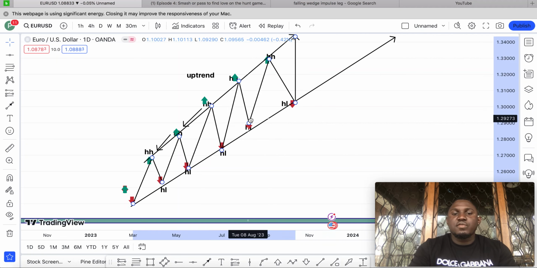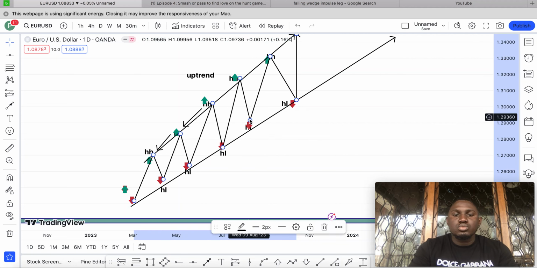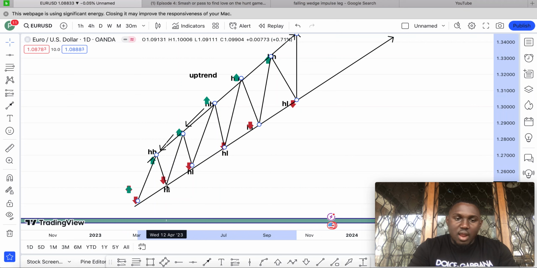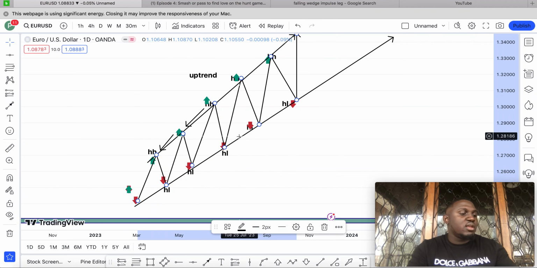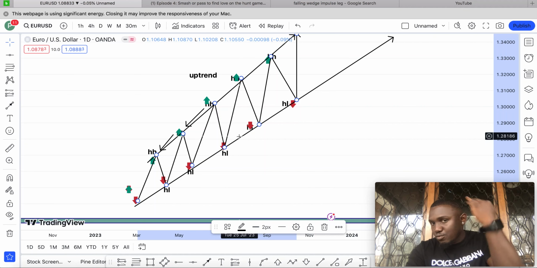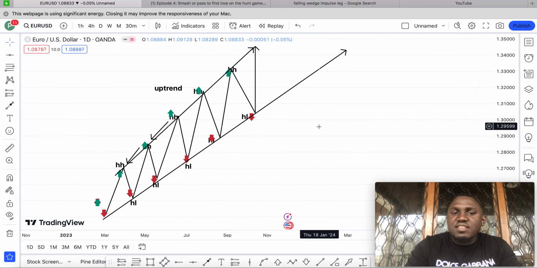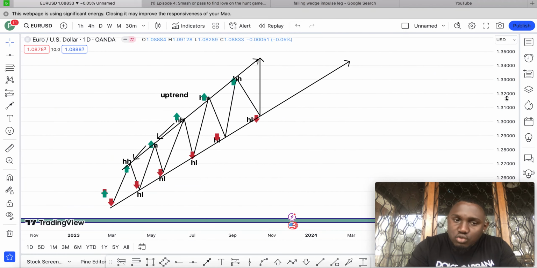This market is also failing to break this support trend line. All right, this market is also failing to break the support trend line, indicating that what? Price is on an uptrend. All right. Now let's say a situation like this now turns out to happen.